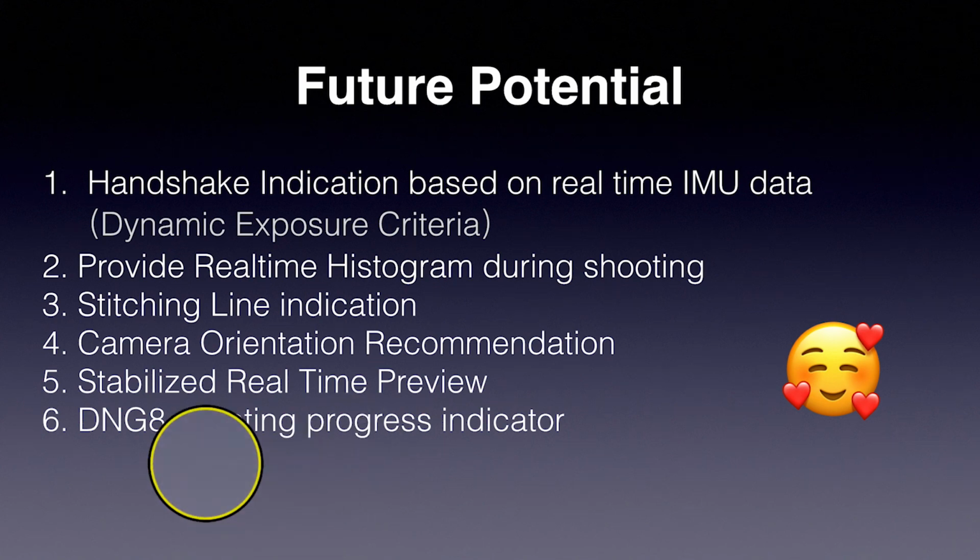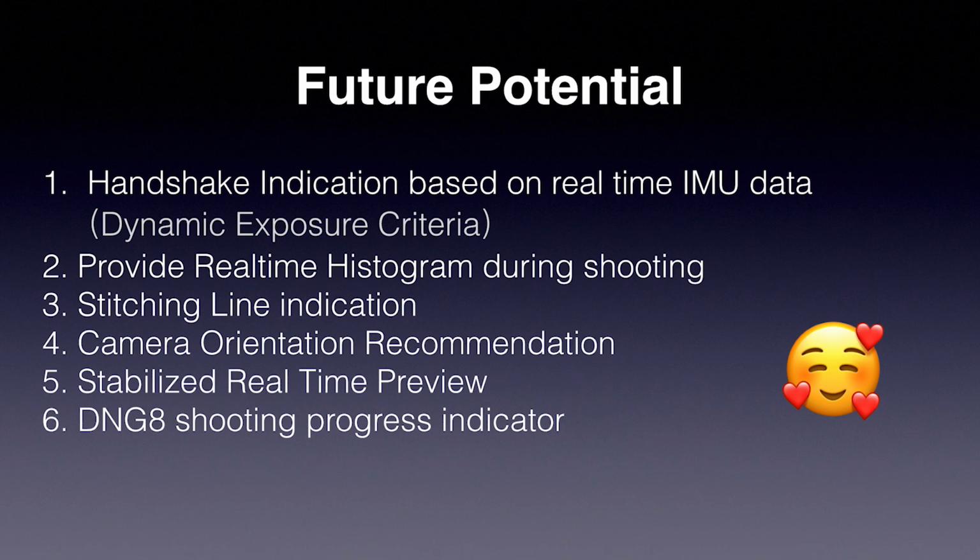And the last one is, most people think that the DNG8 shot is too slow. In fact, DNG8 shot is very fast. It has a very advanced pipeline behind this shooting mode. And what if we can give the users a DNG8 shooting progress indicator to let users know what is happening behind the camera?